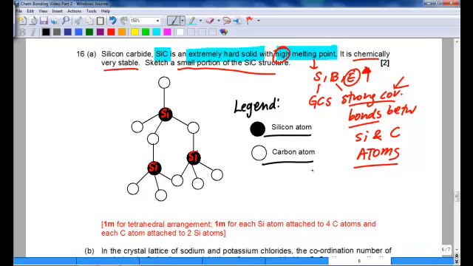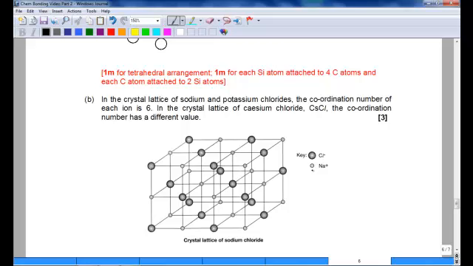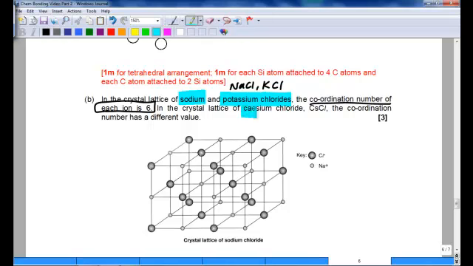Moving on from here, 16b, they are talking about crystal lattice. For sodium and potassium chlorides, that means our NaCl and our KCl, the coordination number of each ion is 6. And in the crystal lattice of cesium chloride, CsCl, the coordination number has a different value.